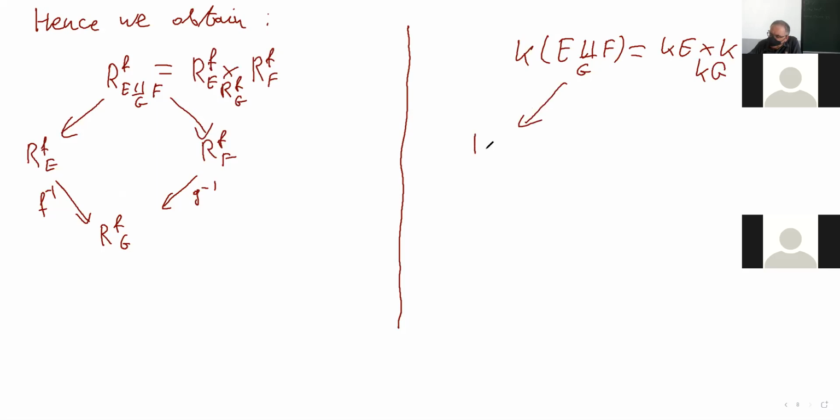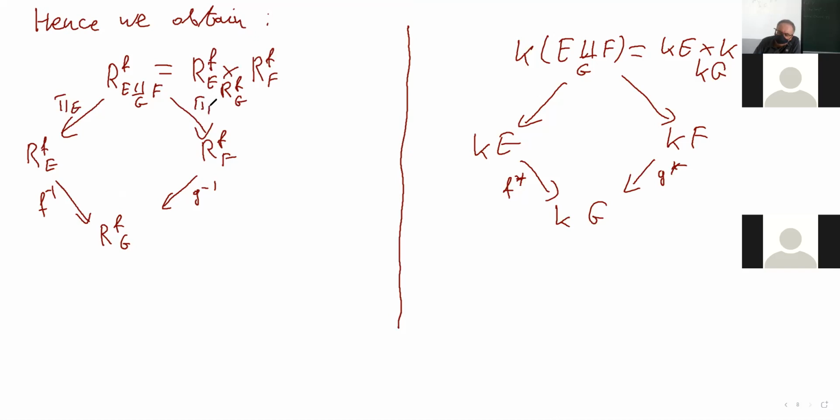And here we map to KE, there we map to KF, and here by the pullback we map to KG, and here again by the pullback, but now a different map, we also map to KG. Okay, and these are my canonical pi E's and pi F's.